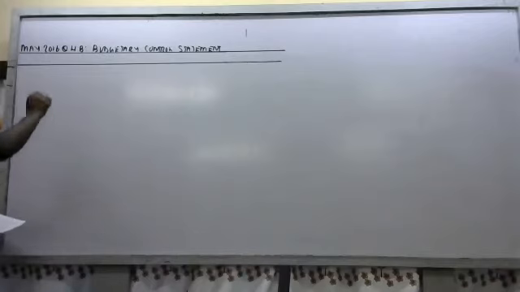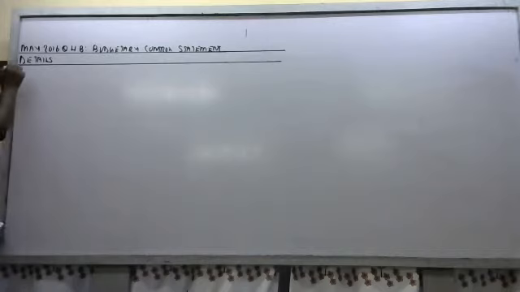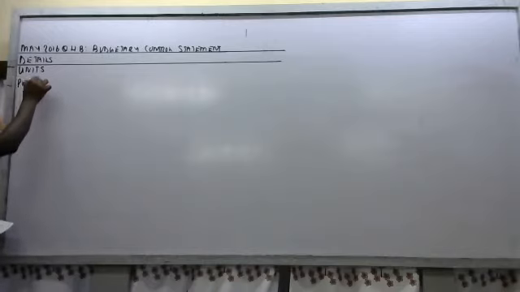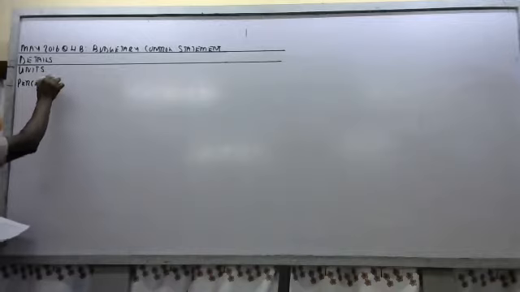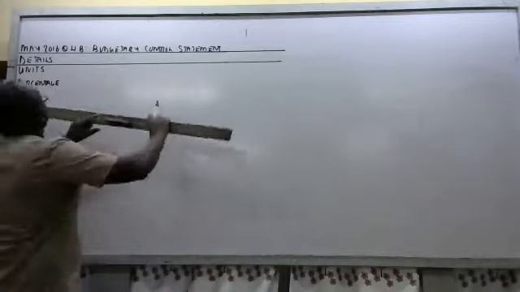So the first column is called details. In details, there are 2 things that you bring first. One is units. The second one is percentage. Units followed by percentage.